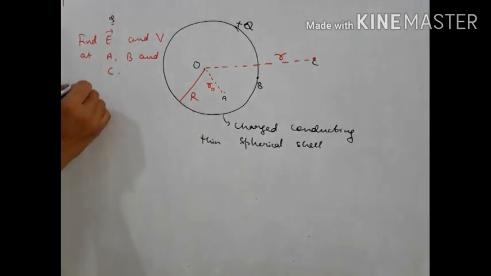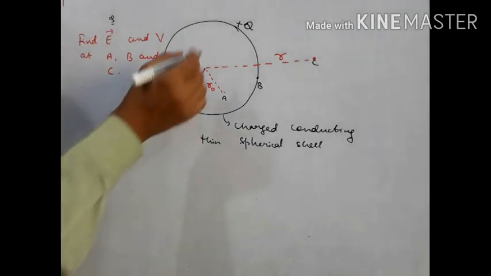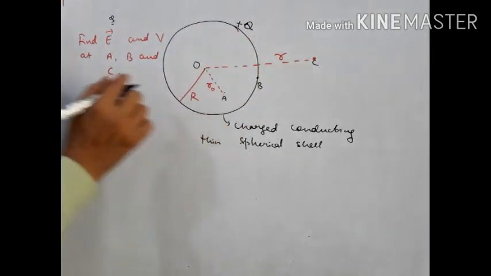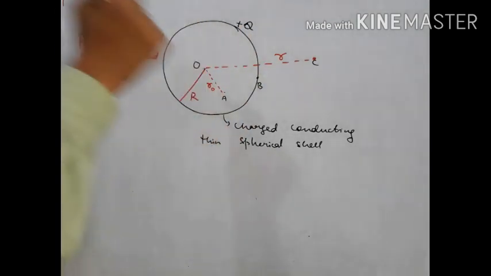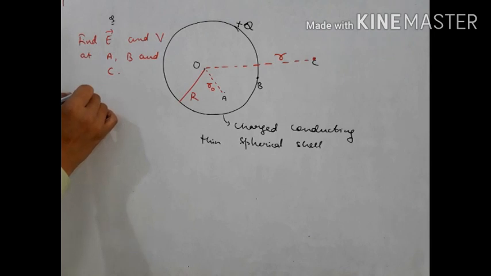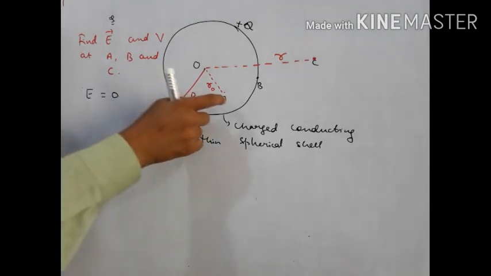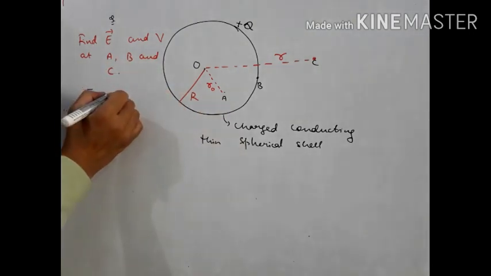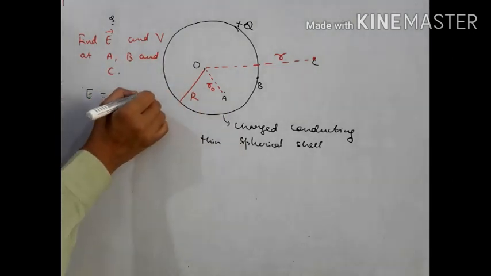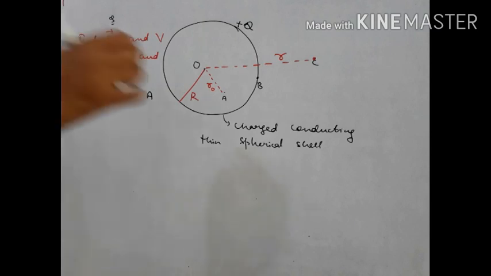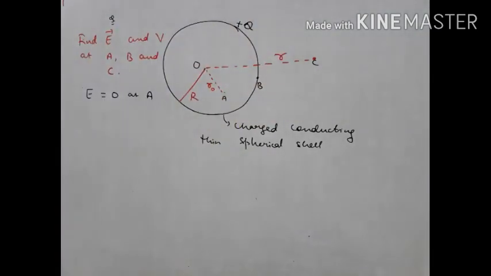See, first we shall discuss about electric field. Because this is a conducting sphere, electric field for points inside this will be taken as 0. So E will be 0 at A for points inside, and for points outside, if you remember, students, I have discussed the entire charge can be supposed to be present at its center.